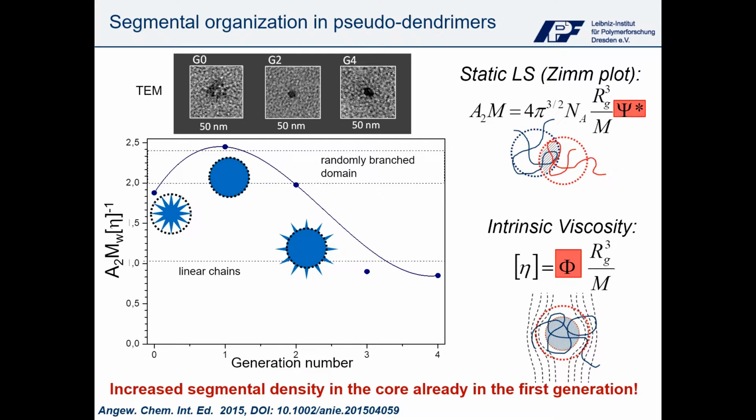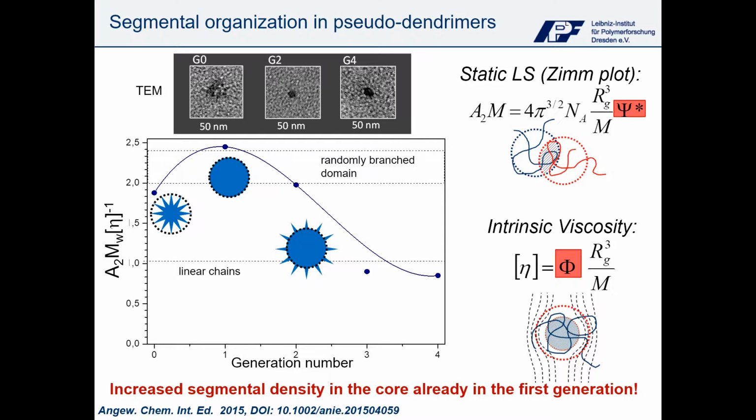single monomer which is additionally included into the system fills out free spaces within the core. And after the next several generations, we still have a very compact structure, but obviously the dendrons are growing on top of this very dense core of the first generation.